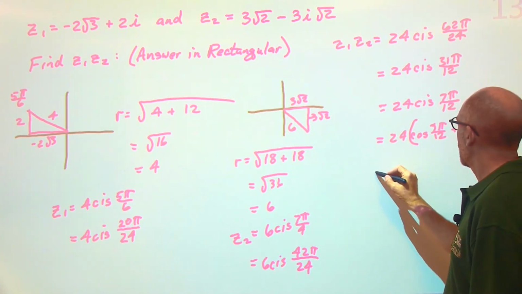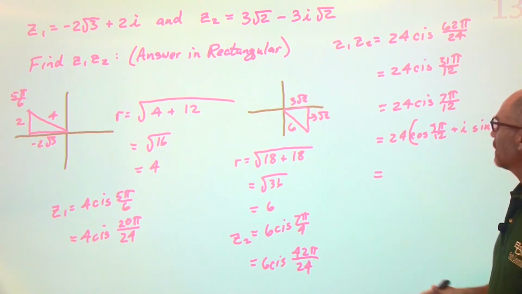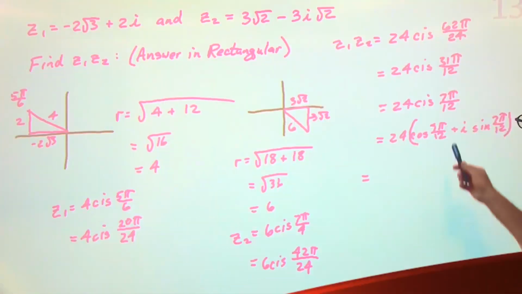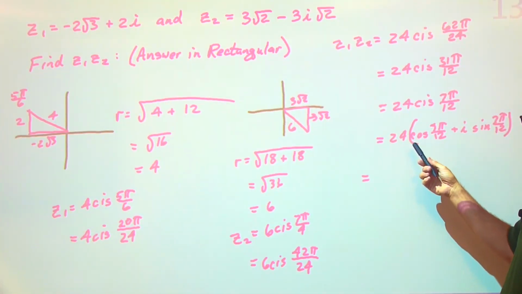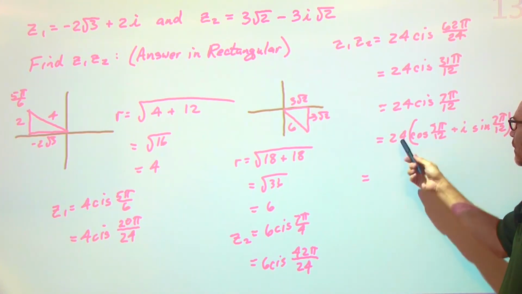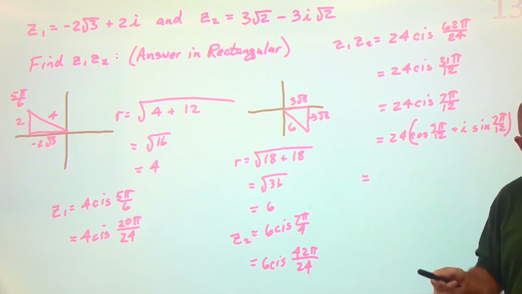Now we have to go to our trusty calculators, because 7 pi over 12 is not going to be an integer answer. To change this into rectangular form, all I do is take the cosine of the angle, multiply by 24, take the sine of the angle, multiply it by 24.